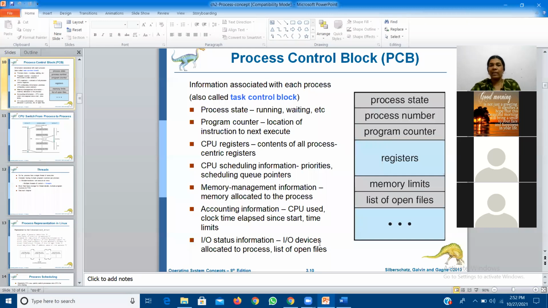As I said yesterday, each and every process requires a minimum of 3 files to execute. First file is called the standard input file, from where it takes the input for processing. Second file is the standard output file. After processing the data, it gives some output, and that output is stored in the standard output file. And the third file is the standard error file.